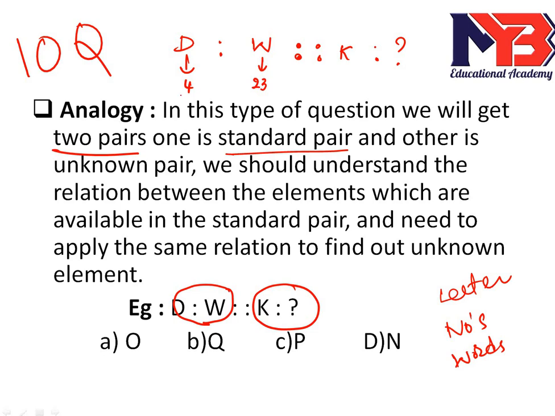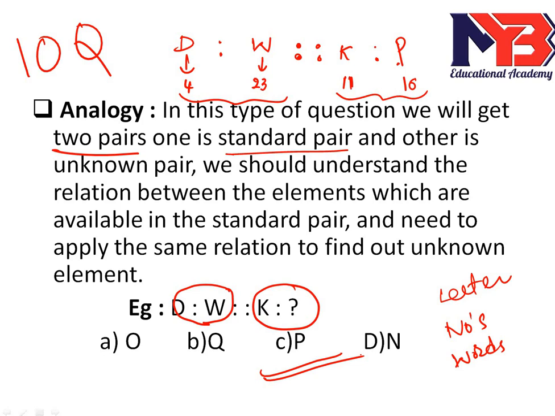If you add these two, you get a sum of 27. Now look at K. What is the position of K? K is standing at 11. If you add the other number, it must give 27 for sure. What is the number which will give you 27? That must be 16. What is the 16th alphabet? That must be P. So mark the answer choice as option C.